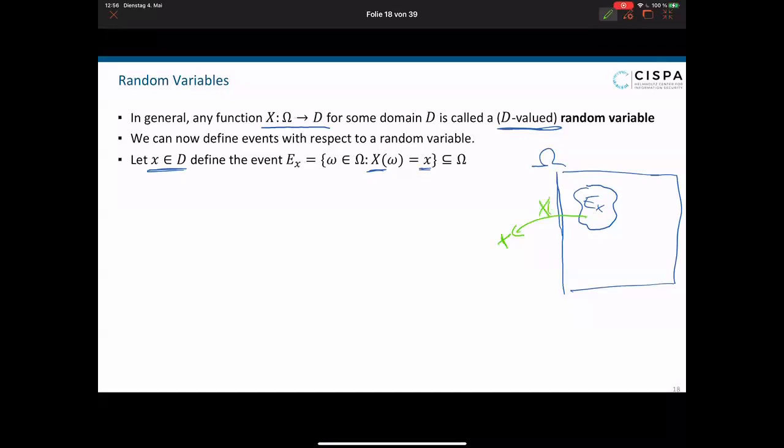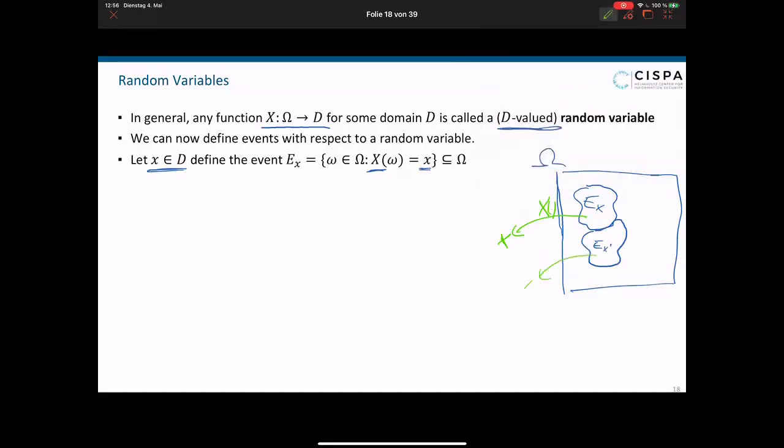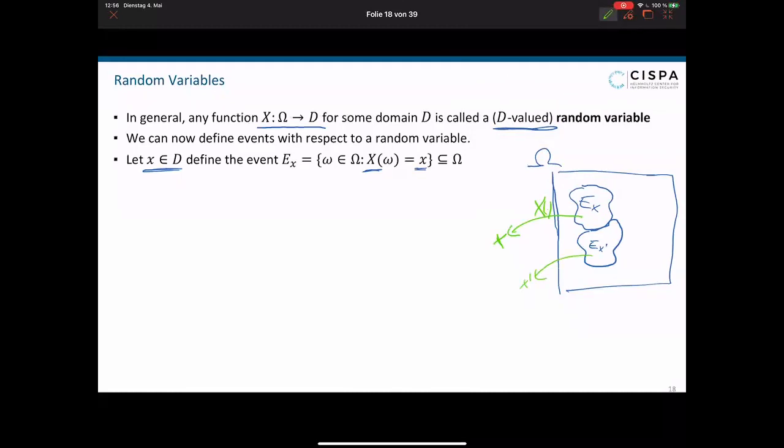Under my function X, if we take some E_x prime, then they map to x prime. So really, E_x is just the pre-image of this lowercase x under my function X, whereas E_x prime, for instance, is the pre-image of x prime.